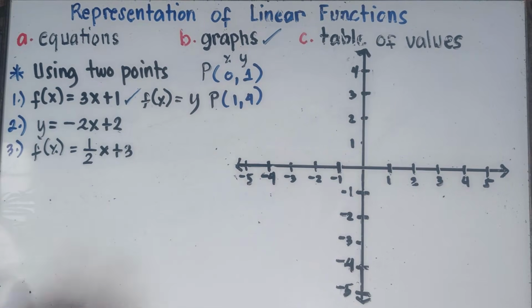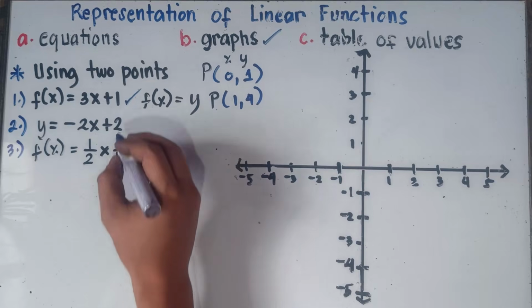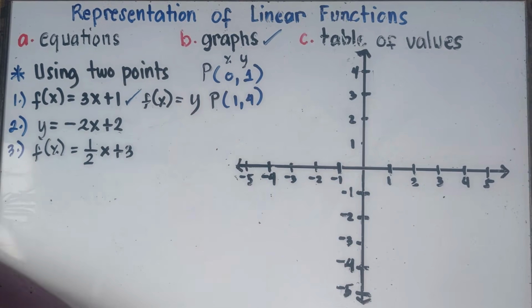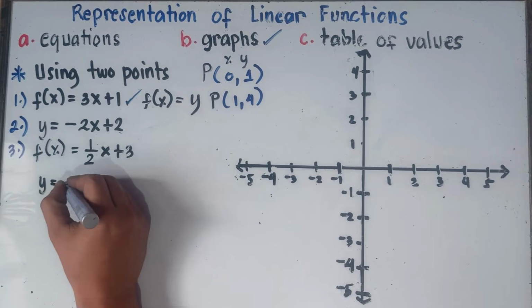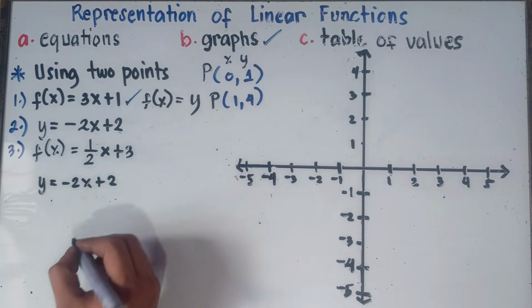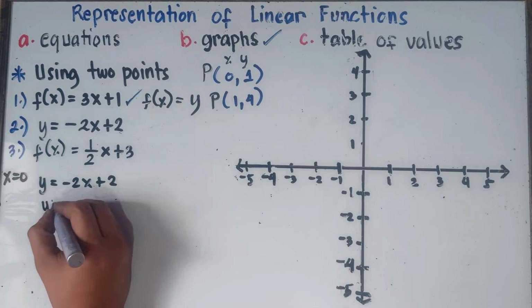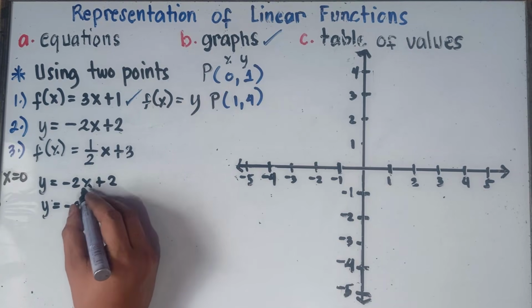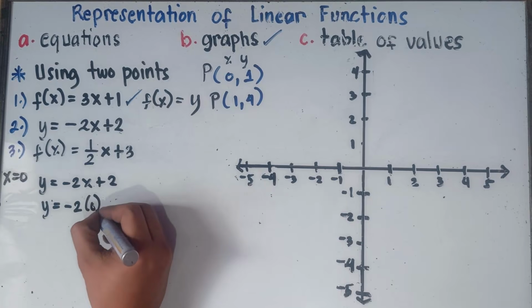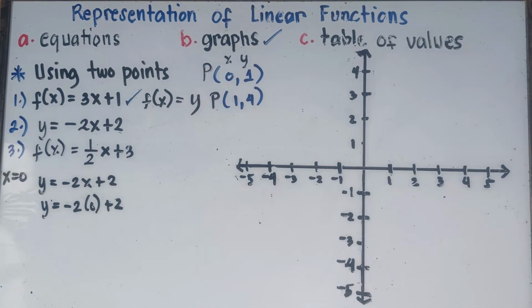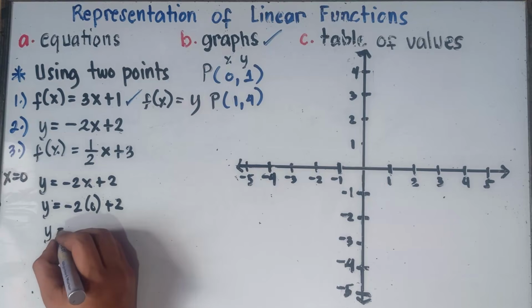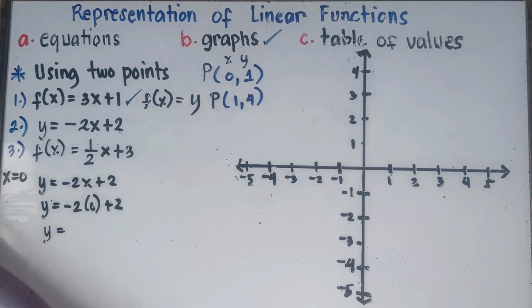Our given, we have y equals negative 2x plus 2. Once again, easy number, x equals 0. So y equals negative 2 times 0 plus 2. Negative 2 times 0 would be 0, so simply cancel this out.